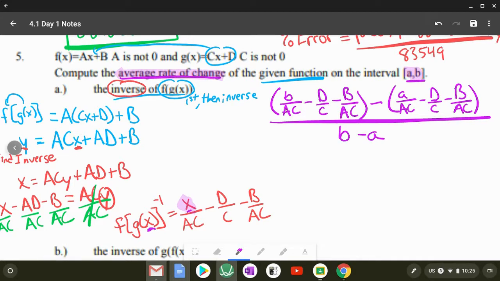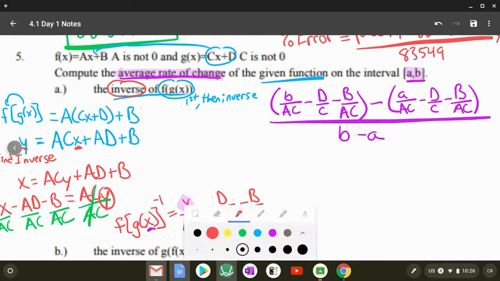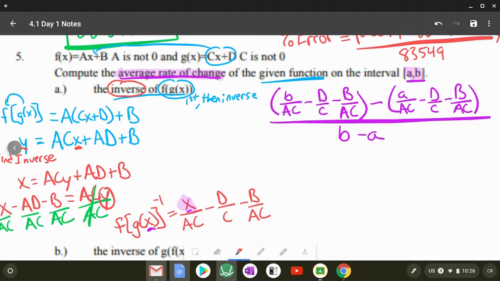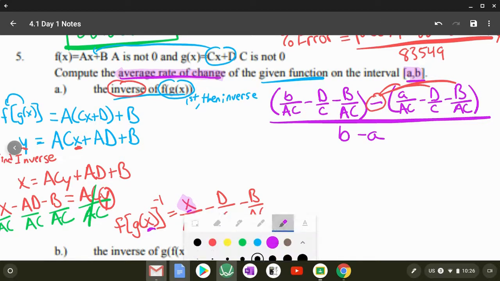Now we need to simplify. One thing that's really nice about this, because we're finding the average rate of change of the same function, is that we distribute this negative. And when we do that, notice, let's use a red highlighter here, this negative d over c is going to cancel with a positive d over c.